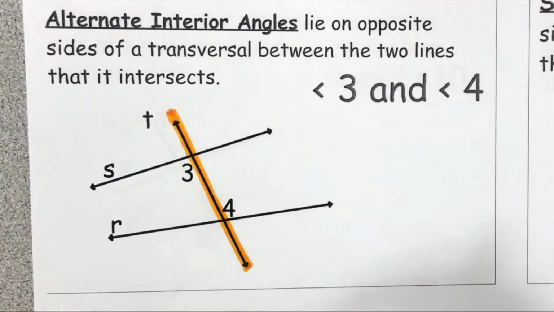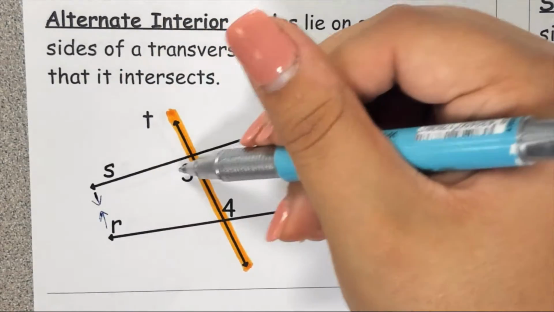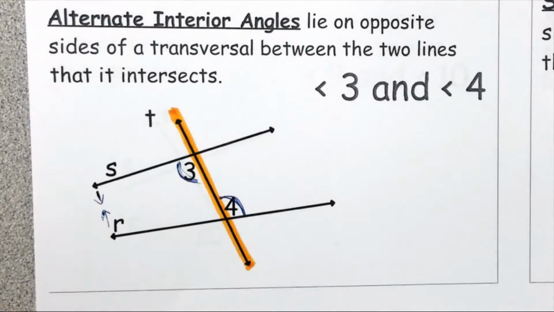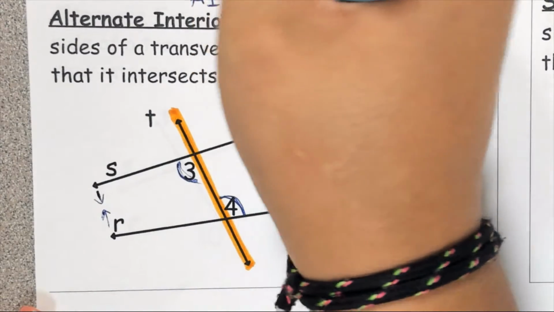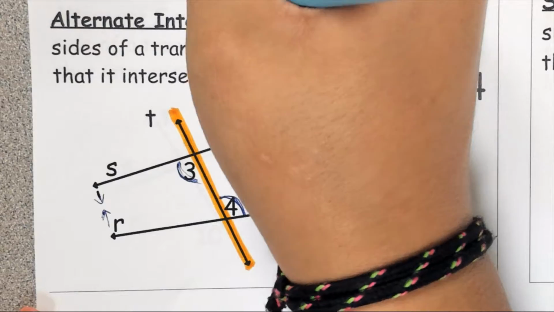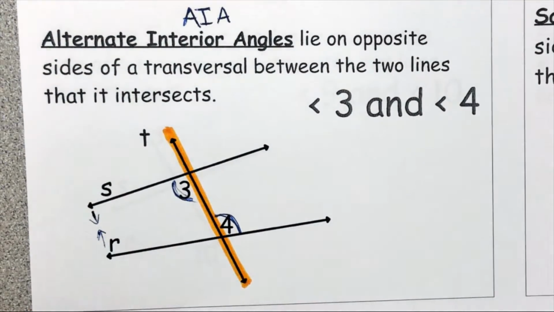They're in between them. So you see how in between, right here and right here, angle 3 and angle 4 are alternate interior angles. And I would like you to write somewhere, you're going to see a lot this unit, I'm going to call them AIA. Alternate interior angles are AIA.